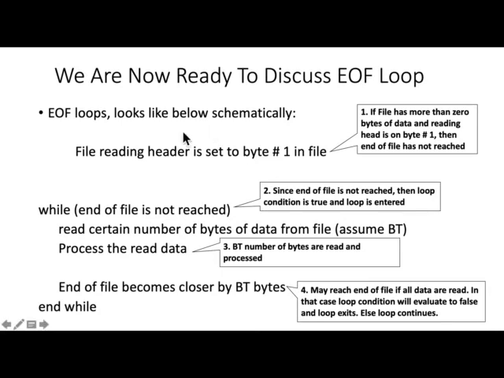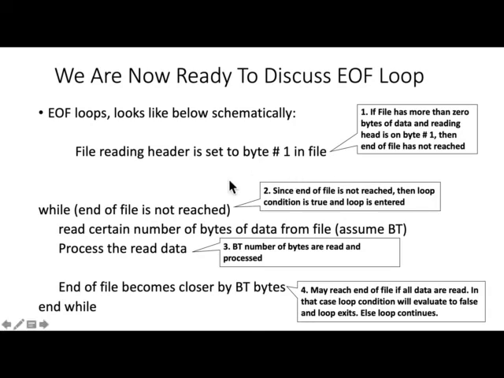So, schematically, EOF loops look like this. The file reading header, the software device that's going to read your file, is set to the first byte in the file. If the file has more than 0 bytes of data and the reading head is on byte number 1, then obviously the last byte in the file, after which there is an EOF character, has not been reached.